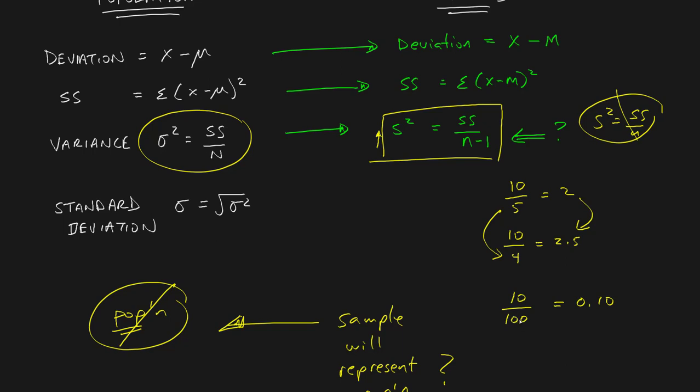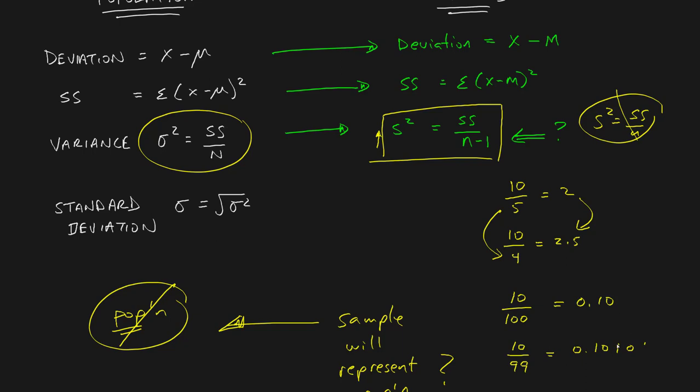It's not a poorly representative sample. Larger samples are good at representing the population. So you wouldn't need much of a correction. Well, taking 1 away doesn't mean much when you had a large number like 100. When you work this out, 10 over 99 is equal to 0.101. This is, actually, it's 0.101010 and so on.